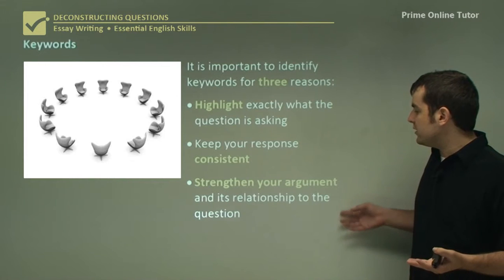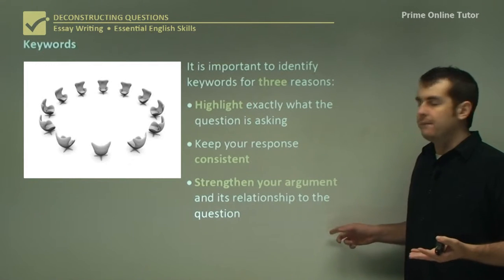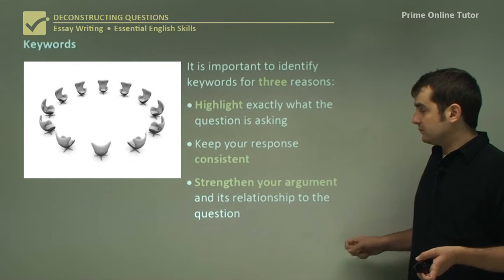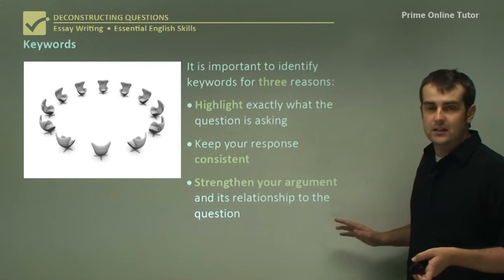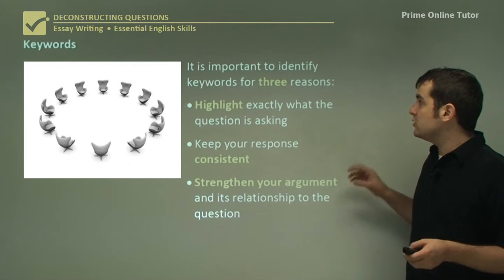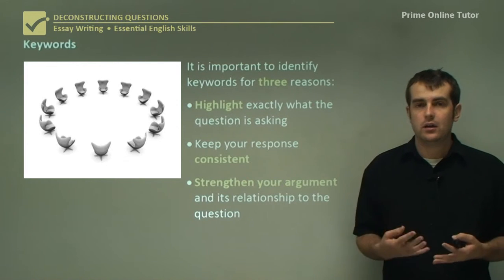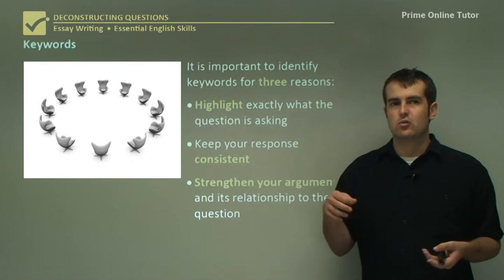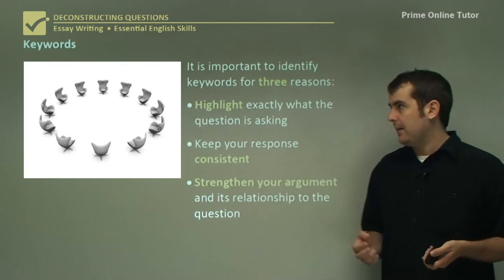By using those words, you're proving that your argument is related to the question. So if you've got all those three things, then you are not only highlighting that you understand what the question's asking, but you're making sure that everything you're writing links directly back to that.